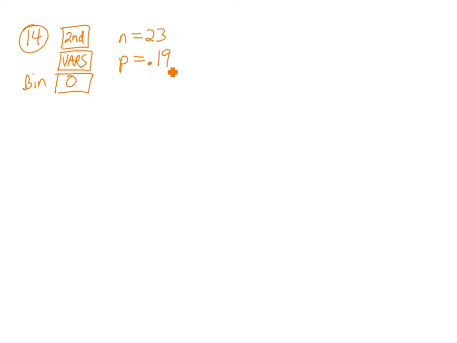And we want to pick 5 left-handers. So that means our X is 5. When you punch it into the calculator, again, you're going to hit second, vars, 0.